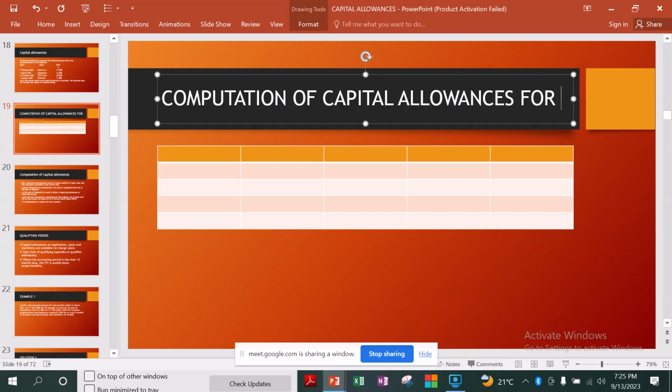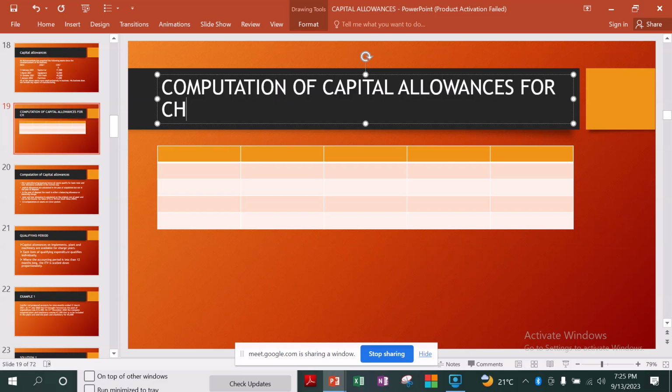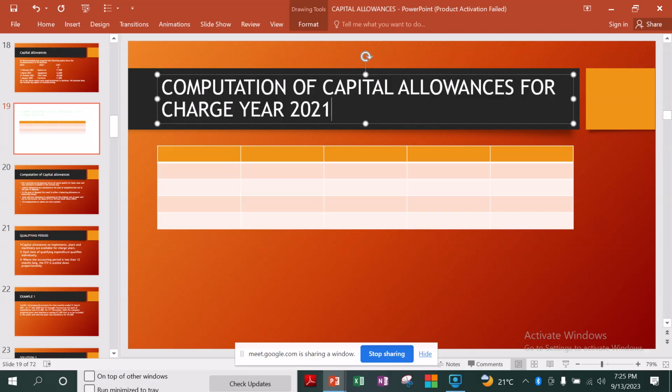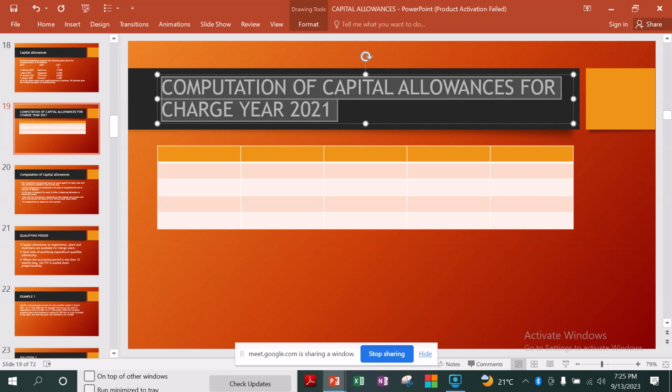For charge year 2021, that's the first one that we have. Just reduce this one.